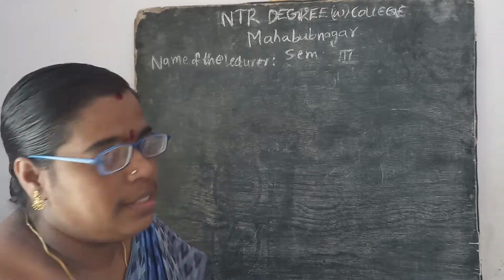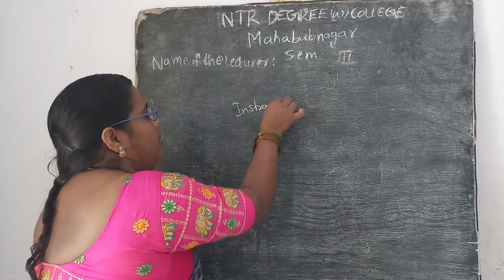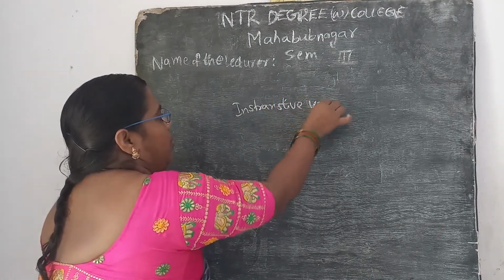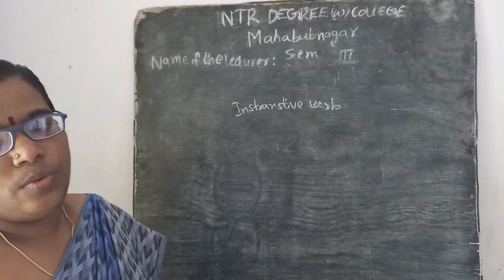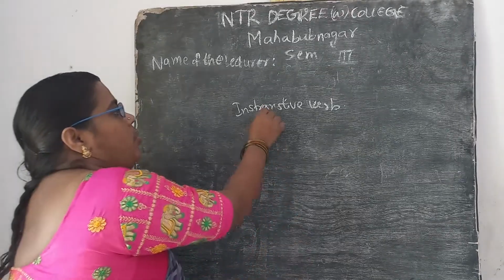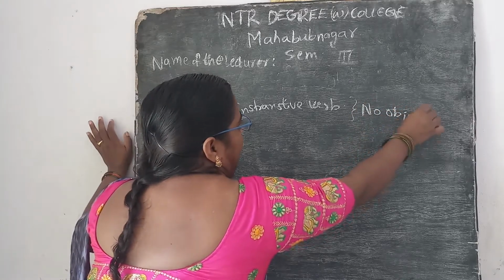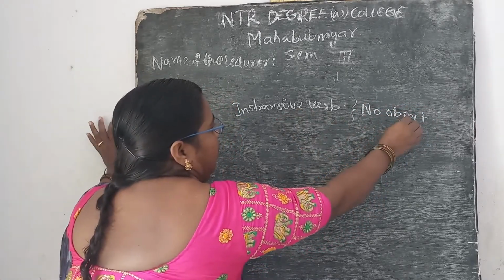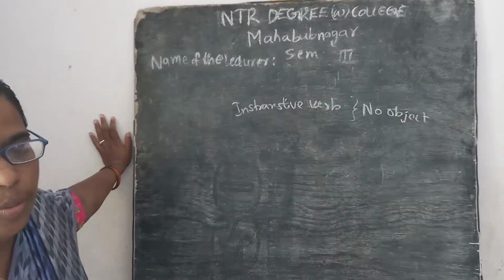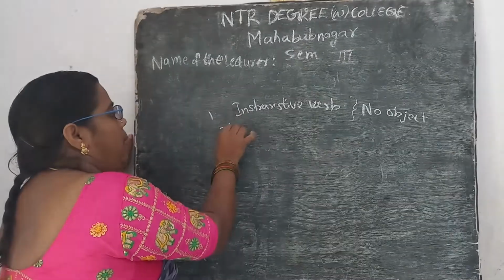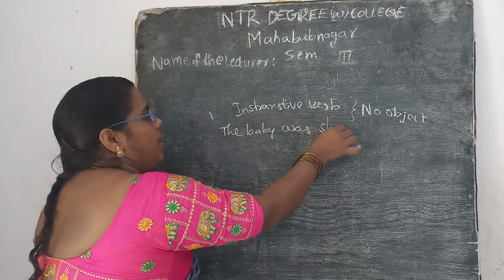So you can specify that no object is lying there. That can be called an intransitive verb. For example, the baby was sleeping.